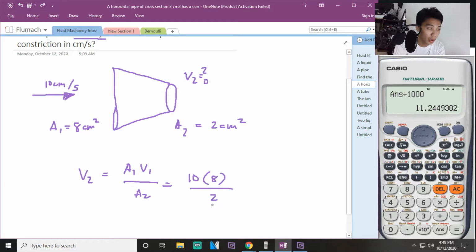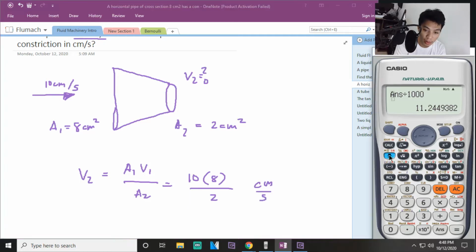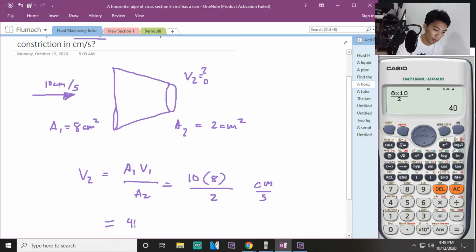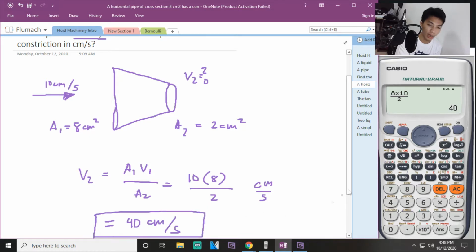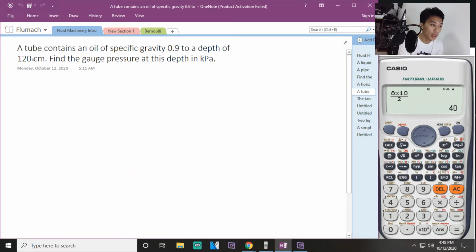Multiply natin ng unit. Ano ba yung unit niyan? Will be cm per second. So, simplifying 8 times 10 divided by 2. That is 40 cm per second. Yun ang velocity. Basic.